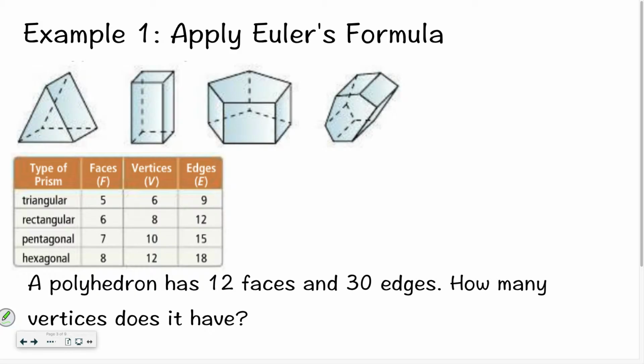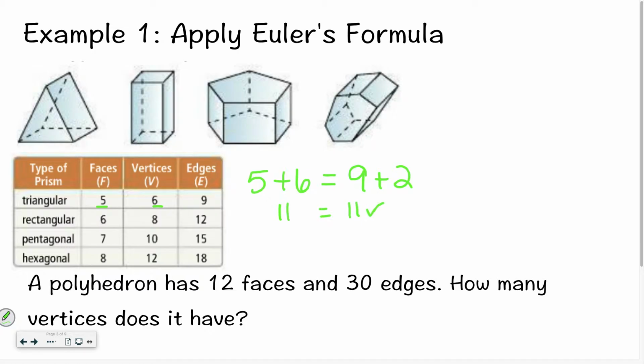First, let's look at a couple examples that are true just to help you see this relationship. If we have a triangular prism, so when you're in elementary school, often they call it like the tent shape, right? If you take your faces and vertices, I say 5 plus 6, that should equal the number of edges plus 2. Is that true? 5 plus 6 is 11. 9 plus 2 is 11.